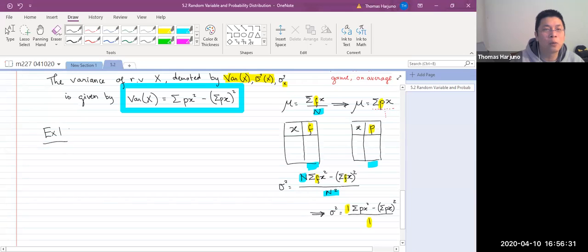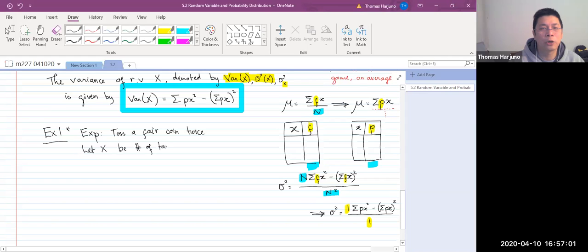In our example 1 that we have earlier, in the experiment of tossing a fair coin twice, and let the random variable x be the number of tails occurred, then the possible values for x are 0, 1, and 2.